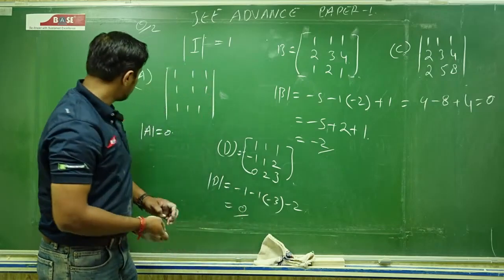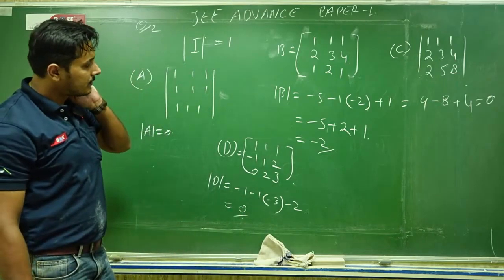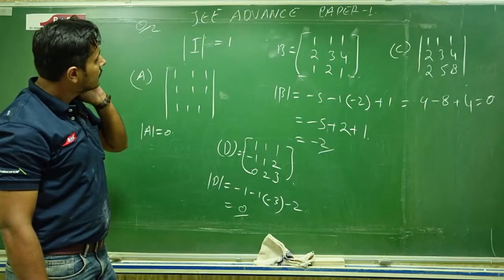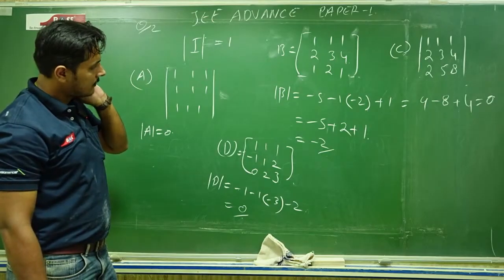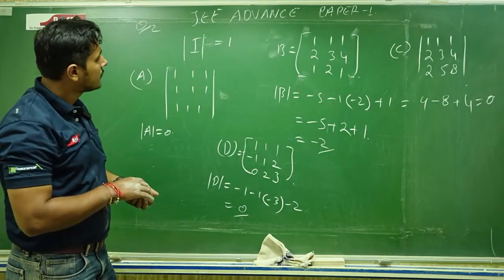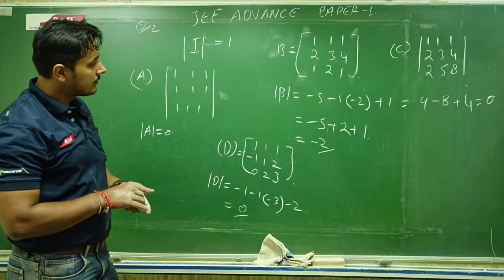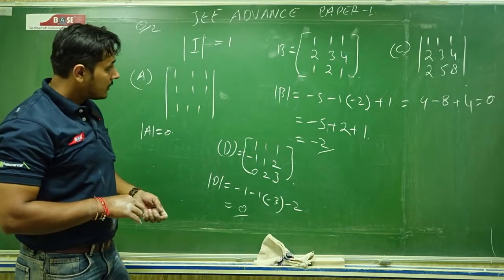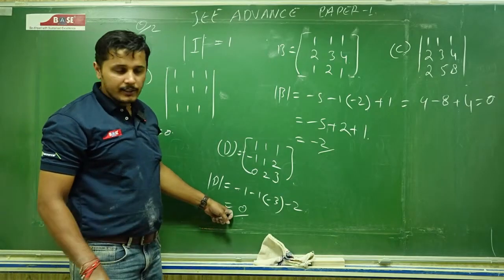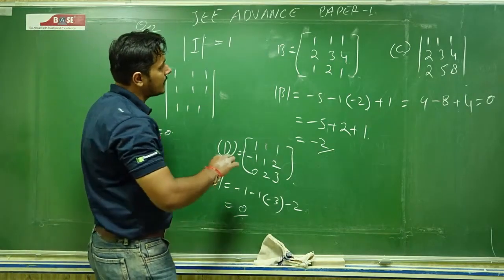This is also becoming 0. Option A is also 0. B is non-zero. C is also non-zero. Sorry, C is 0. D is 0. So option B.